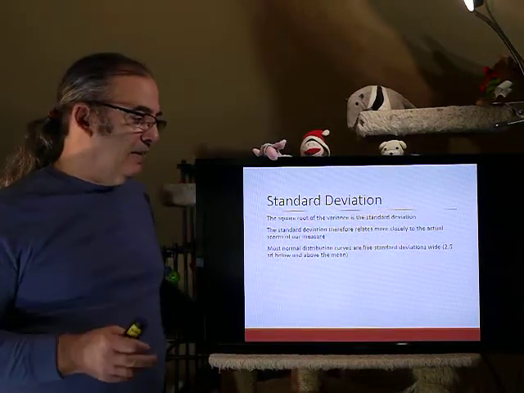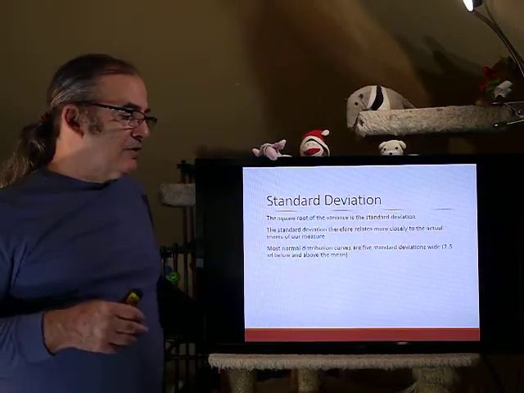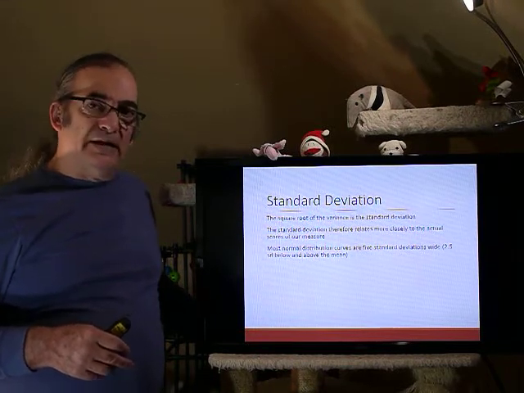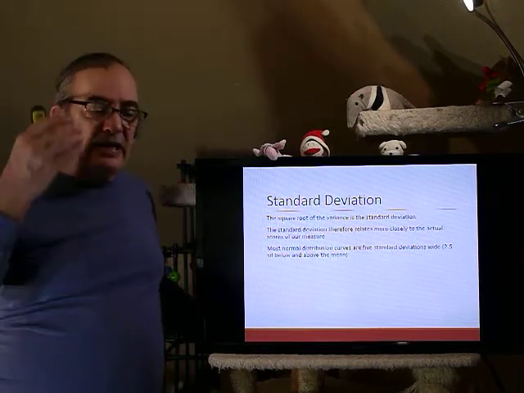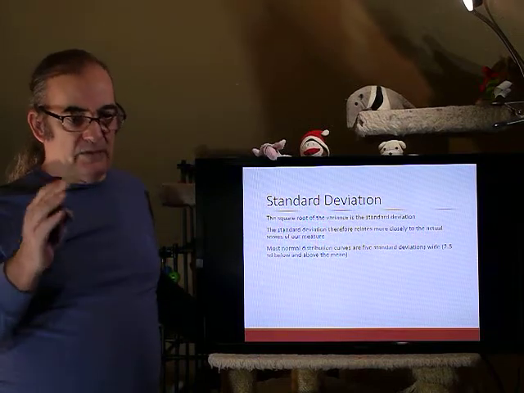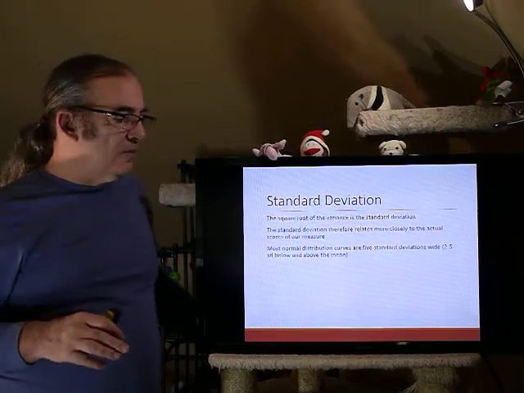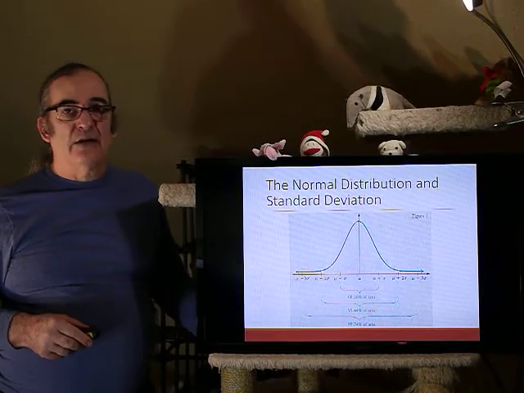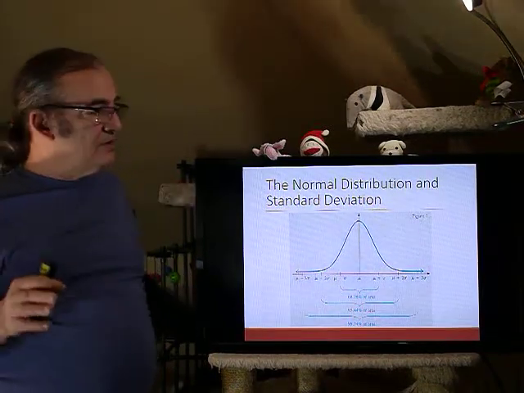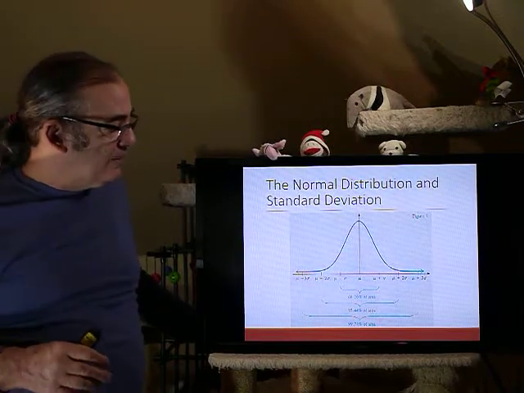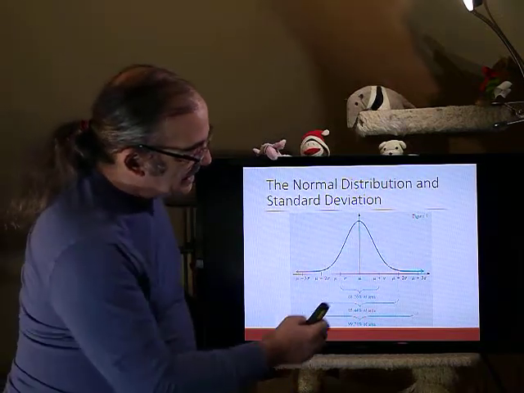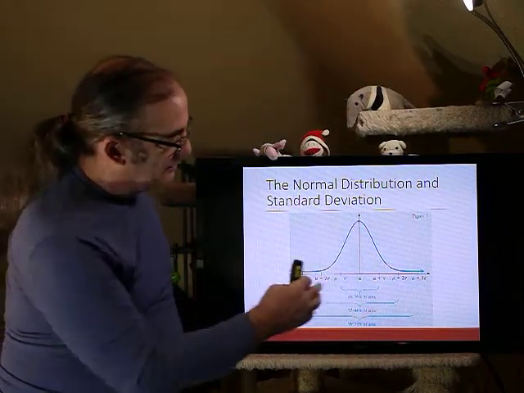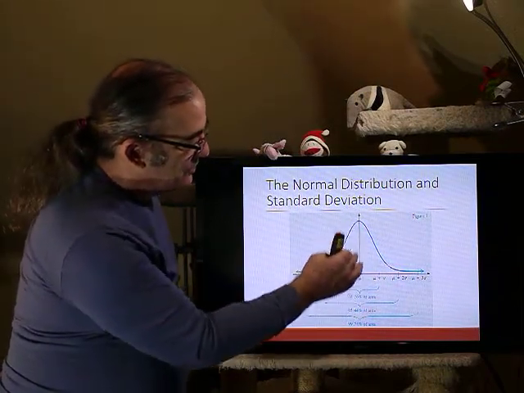Most normal distribution curves are 5 standard deviations wide. What does this mean? When we have a distribution, and we can go through various procedures to normalize it, we look at this very classic bell-shaped curve. Notice not all frequency distributions are like this, but this is where we go first. And so what we have is mu, a fancy Greek letter, for the representation of the mean.